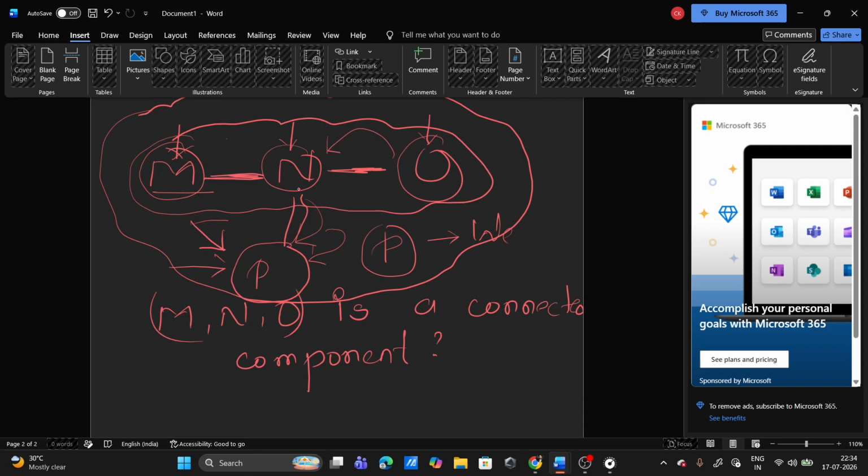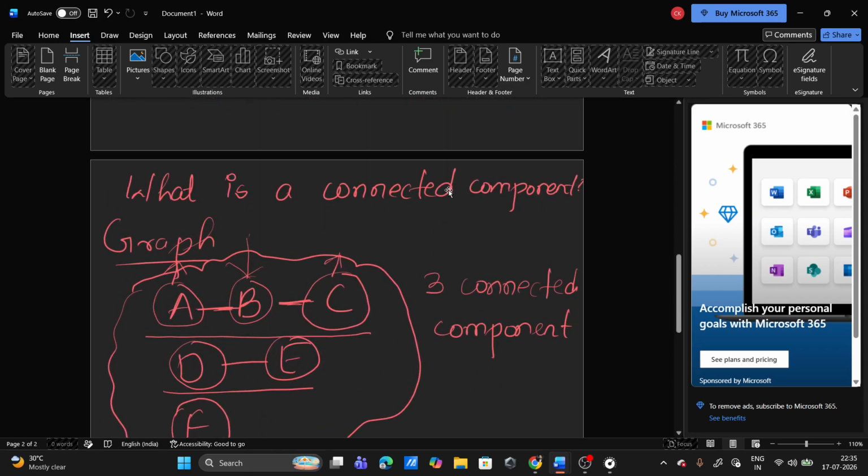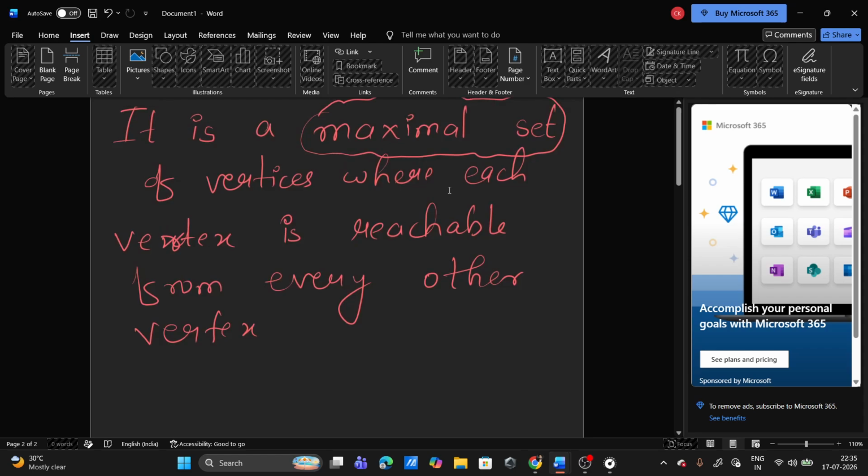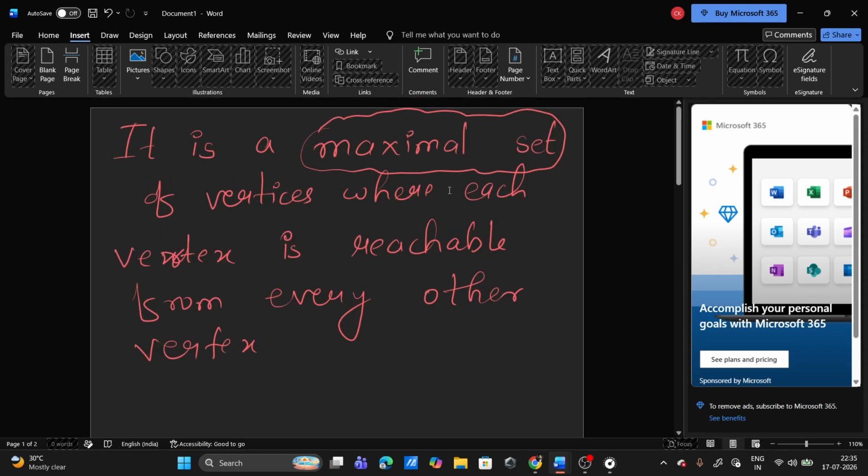Therefore, P was supposed to be part of the set. That's why it is written the maximal set of vertices. We need to include all the vertices which will form a connected component.